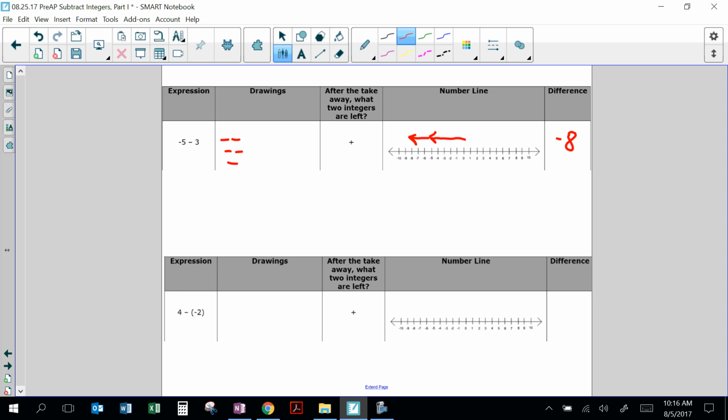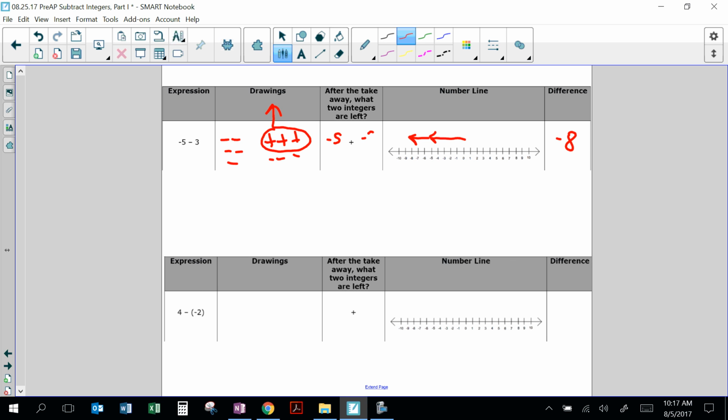So let's show this with a drawing. I start with -5. How can I take away 3 from this? Take away +3 without changing its value. I need to draw 3 0 pairs. Now can I take away 3? Yes, I can. What 2 integers are left? We start with -5.